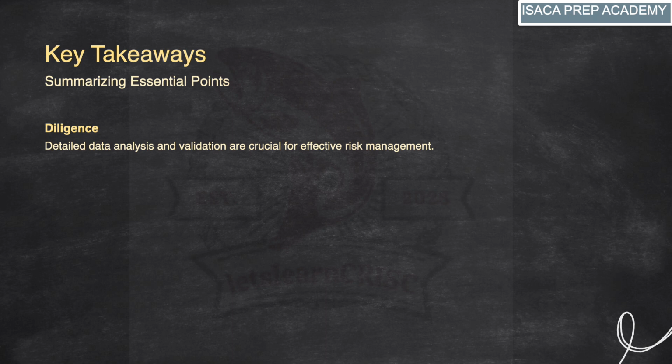And by thoroughly analyzing and validating data, businesses can uncover potential risks and make informed decisions to mitigate them. Friends, this diligence ensures that the information used for risk management is accurate and reliable, ultimately enhancing the organization's ability to identify, assess, and address risks proactively.